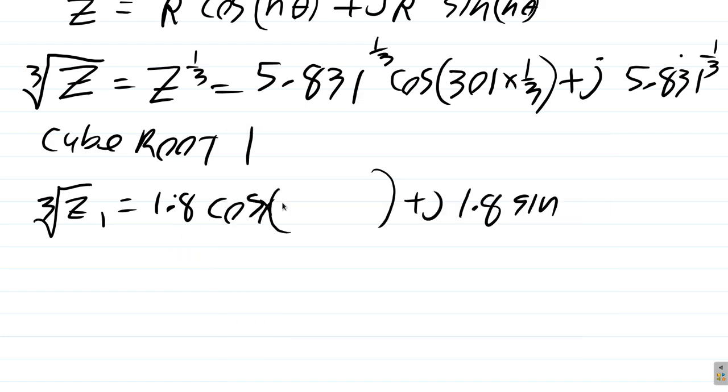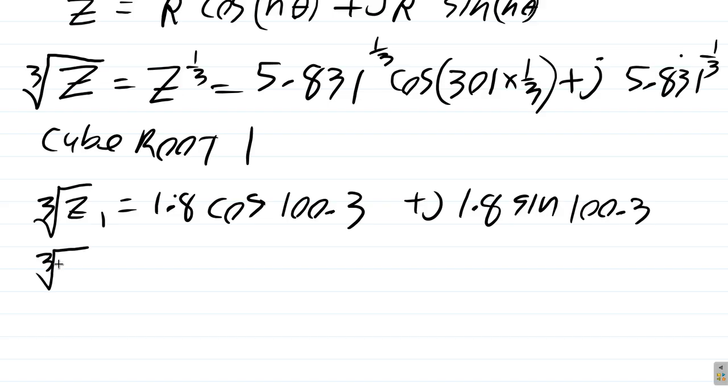Let's not skip over that step. When you try to do too many things at the same time, you make mistakes. Sine 100.3. Alright, so cube root number 1.